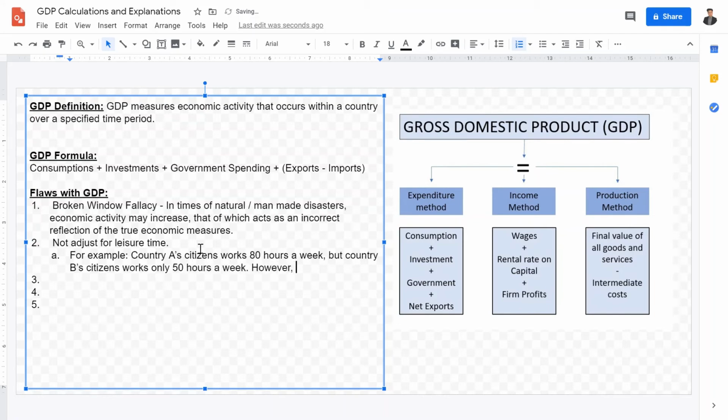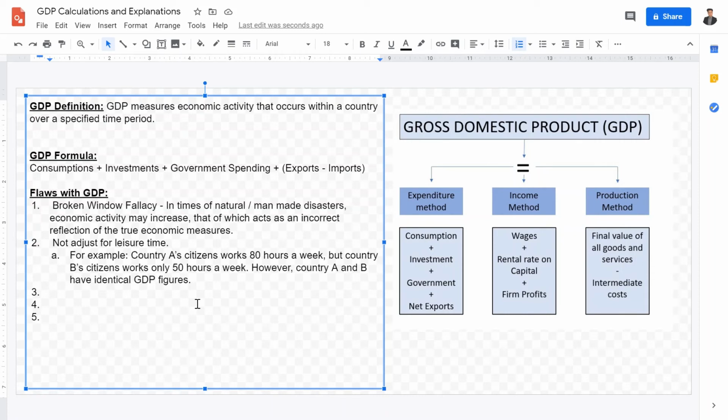However, country A and B have identical GDP figures. So even though country A and B have identical gross domestic product figures, the same exact amount of economic activity, citizens in country A work a lot more than citizens in country B. Therefore, although the economic activity is the same, the distribution of wealth and the economic activity within these two countries are extremely different. Therefore, this acts as another flaw to the GDP figures.